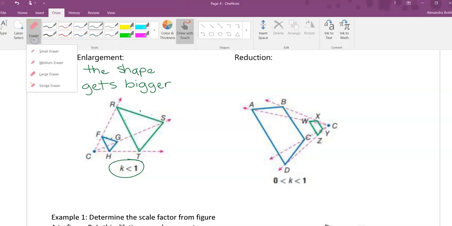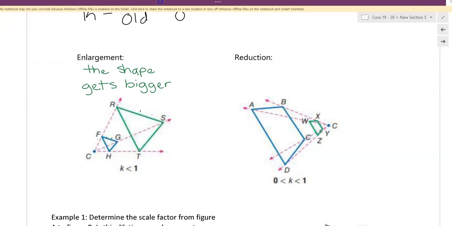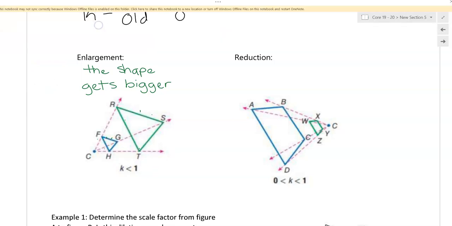I copied and pasted this picture from a textbook and it's wrong. Let's cross that out. When it gets bigger, your K, that scale factor, is going to be greater than 1. For example, if my K is 2, it means it's doubling in size. If my K is 3, it means it's tripling in size. This one's right. So K is bigger than 1. Remember, the alligator eats the bigger number, so the alligator is eating the K.